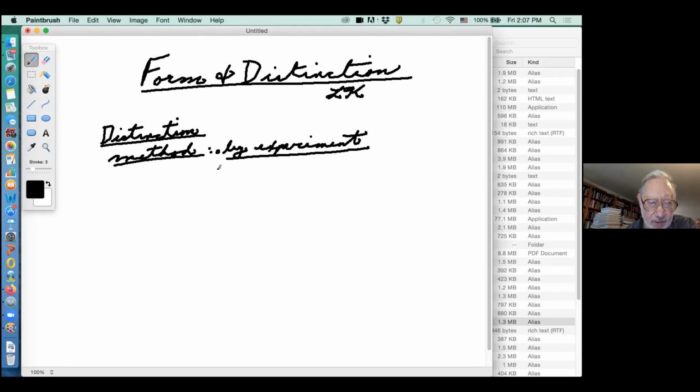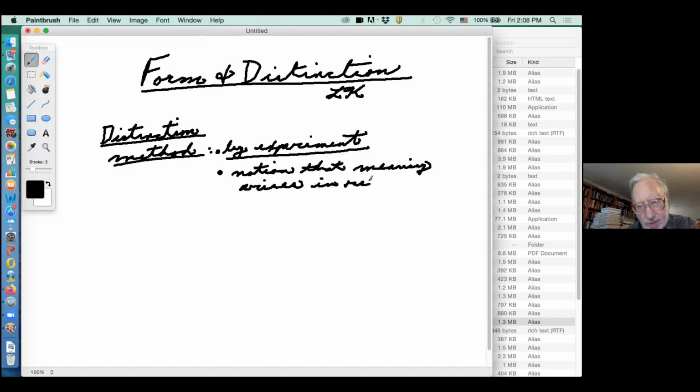Another part of it has to do with a particular way of proceeding, which is that there is a notion that meaning arises in relation to form, or syntax, if you like.